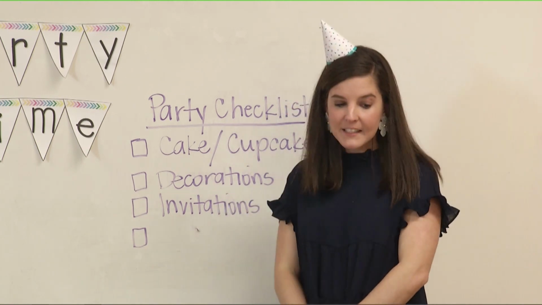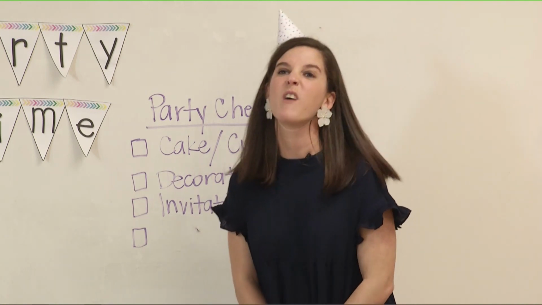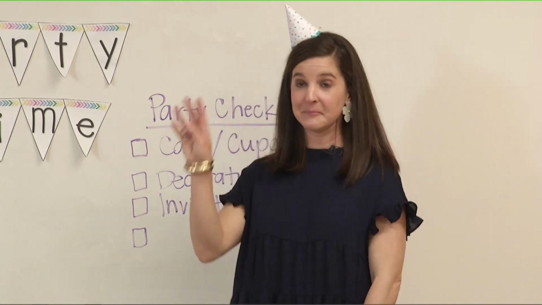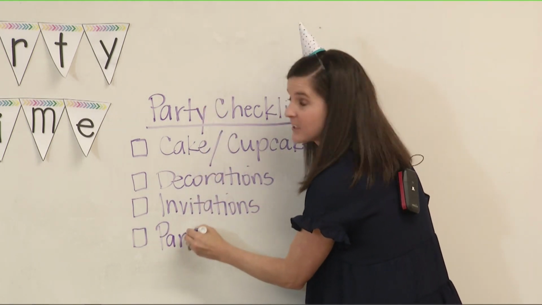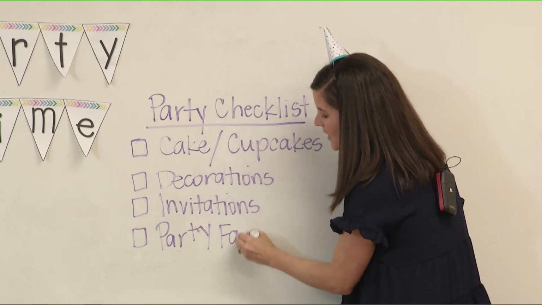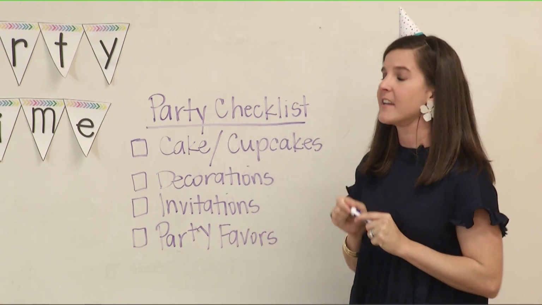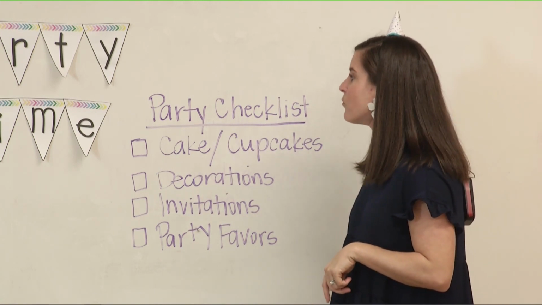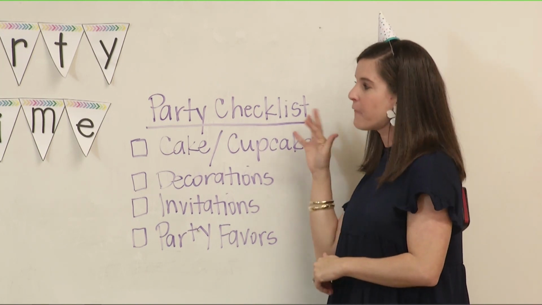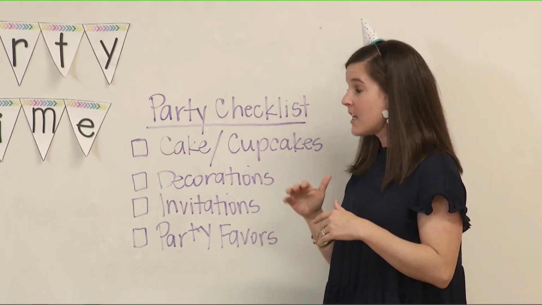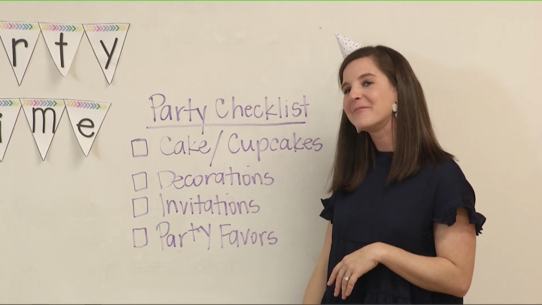Is there anything else that you can think of that we might need for a party? Who loves to get a party favor bag? Okay. I know that that's a lot of your favorites, so maybe we would like to plan to have party favors. Okay, I'm sure we can think of a couple more things, but we'll stop there and we'll see how many of these things we can get to and try to figure out some information about these items to plan us a little party today, all right?